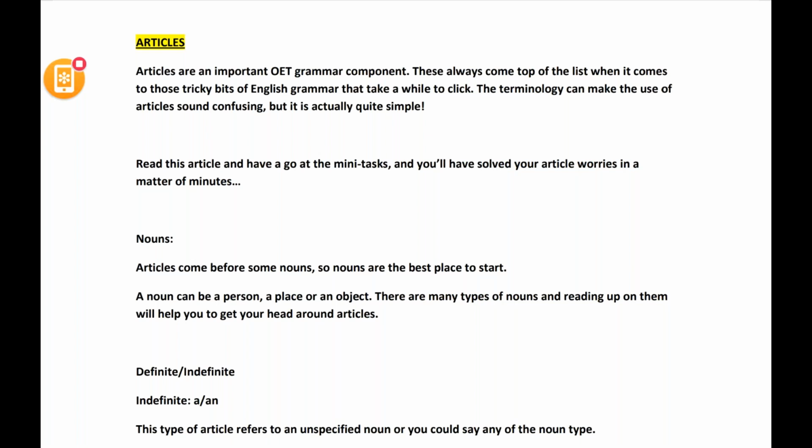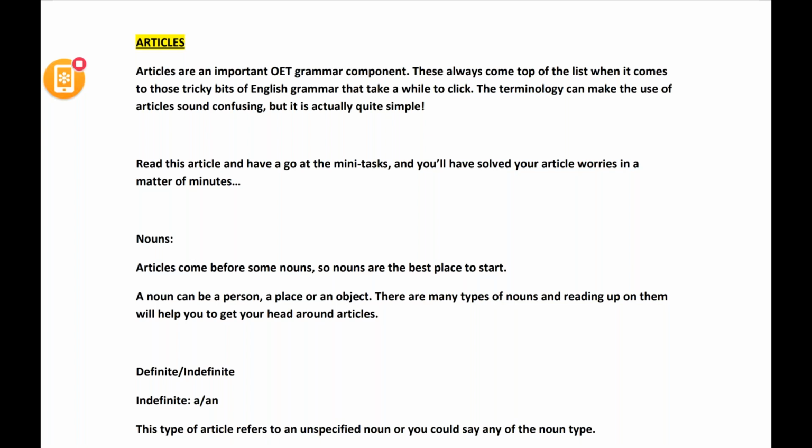If I'm writing the same thing in the second para, patient presented to the clinic, now I can write the clinic because it is the same clinic which I mentioned in the first para. So when I repeat things, जब भी मैं कोई चीज रिपीट करूंगी तो वहां मैं द नाउन के आगे लगा सकती हूँ. आर्टिकल्स नाउन के साथ लगता है, ये याद रखना. And what is a noun? A noun could be a person, a place or an object, it could be anything.